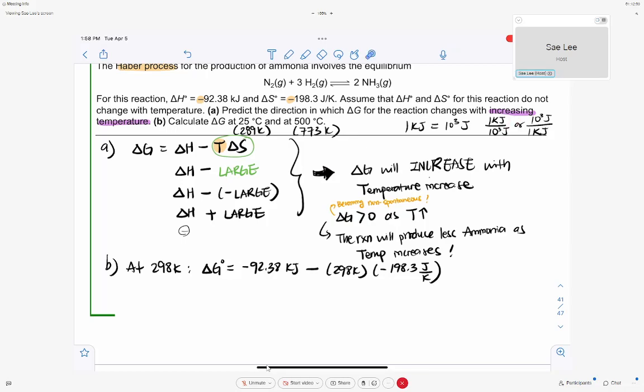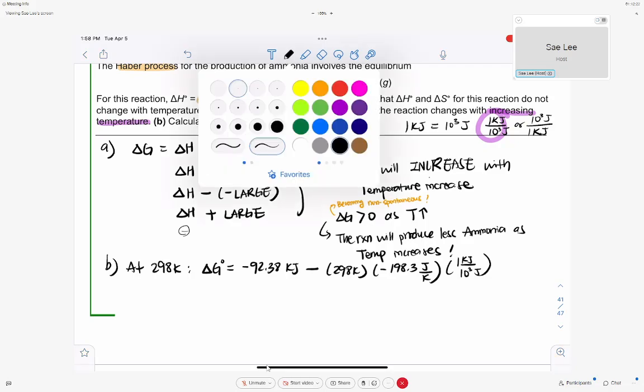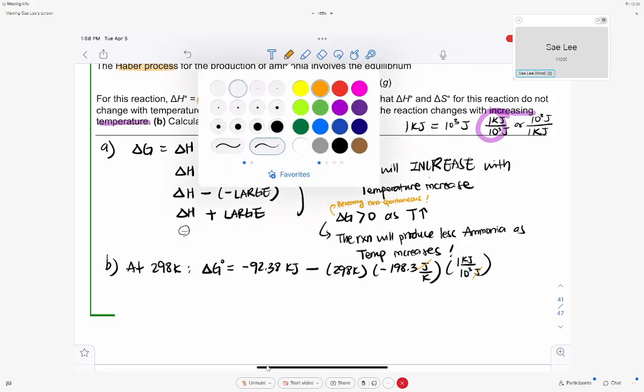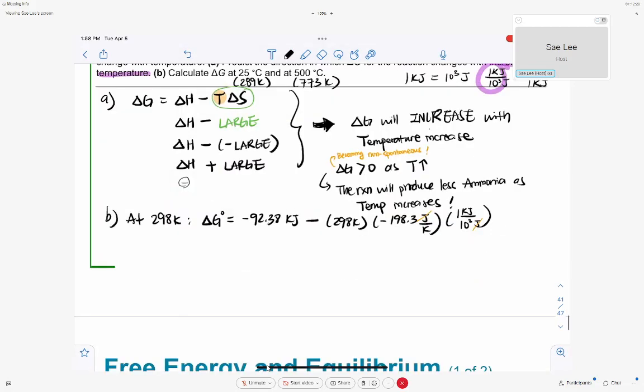In order to eliminate joule, we're going to use this expression, multiplying by 1 kilojoule divided by 10 to the 3 joule. The joule and joule will cancel out. If we do all the math, we get negative 33.3 kilojoule.